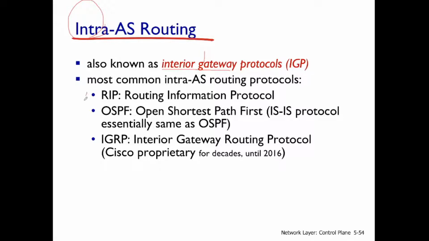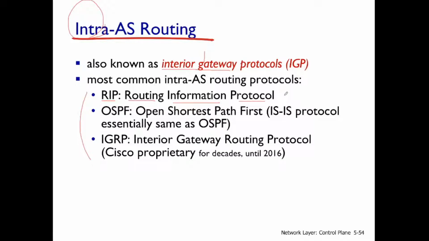Running on these internal routers within an AS, we have three very well-known protocols. RIP here is not really standing for resting in peace, it's actually Routing Information Protocol. But if it gives the impression, this protocol is also the oldest implementation of an intra-AS routing.